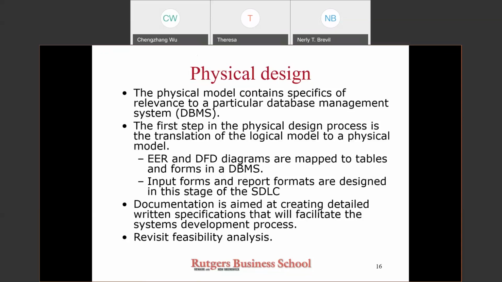As noted on feasibility, if you can recall, feasibility analysis is an ongoing process which is revisited at each stage in the system development lifecycle process.